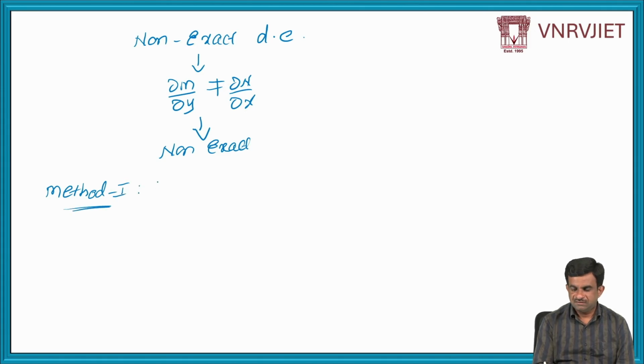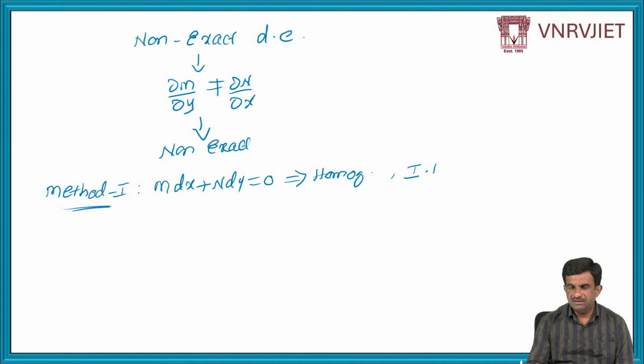Method 1 tells that whenever the differential equation M dx plus N dy equal to 0 is non-exact, and if it is homogeneous, then we write the integrating factor as 1 by Mx plus Ny, where Mx plus Ny is not equal to 0.